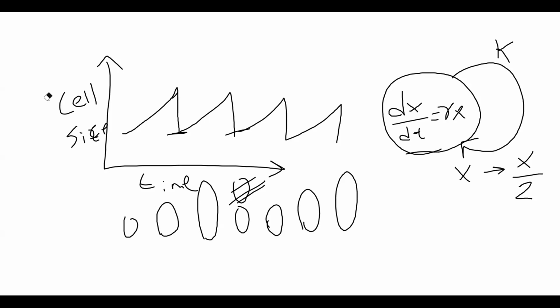So the rate is going to be K times S, K times X.